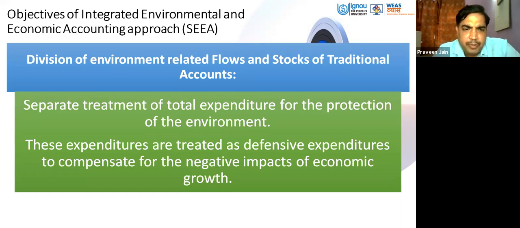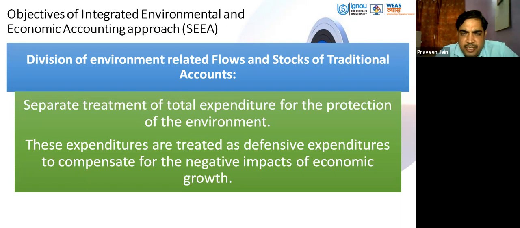The first change we make in the traditional system of national accounting is that we do a separate treatment of total expenditure for the protection of the environment.